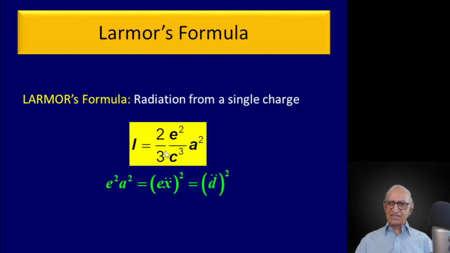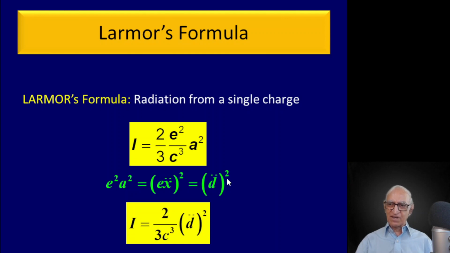Now, let us consider e squared a squared. Acceleration is x double dot. x dot is the velocity, x double dot or d2x by dt squared is the acceleration. Therefore, e squared a squared can be written as e x double dot whole squared. e x is the dipole moment. So e x double dot is the second time derivative of the dipole moment whole squared.